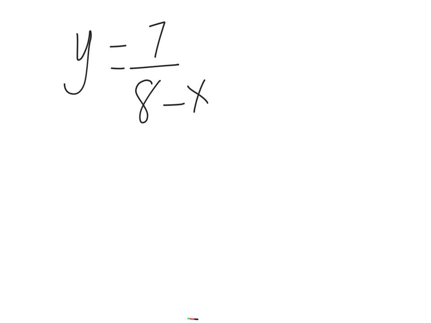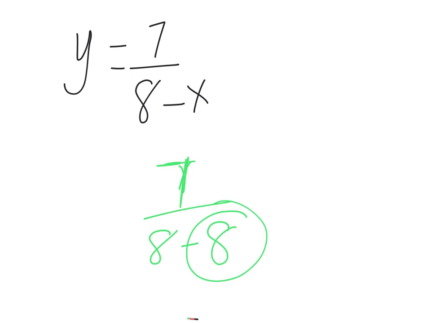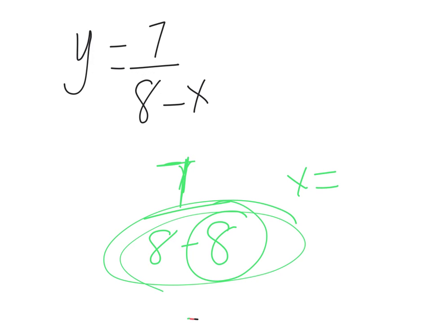Same as here, I could have y equals 7 over 8 minus x. I could go through again a whole bunch of sample values, but when I get to 8, and I input the 8 here, again I'm going to end up with 0. So again, all would be real except 8.